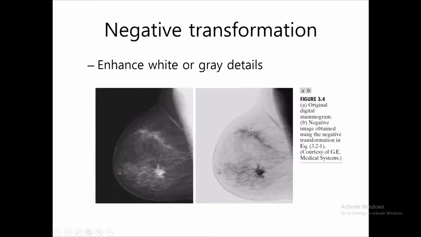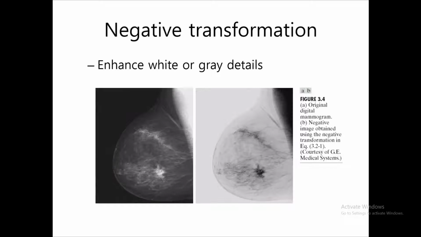This is the original image, which is a digital mammogram, and this is the negative image, which is obtained by using the negative transformation. I took this image from the digital image processing book of Gonzalez, which is a very popular book.